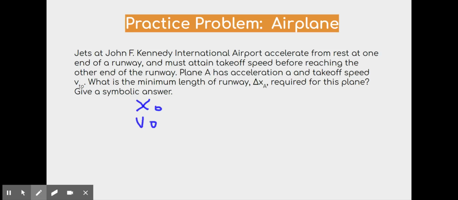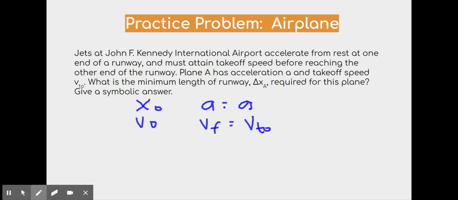It tells us that this plane has an acceleration of a, so acceleration is equal to a, and the takeoff speed, so our final velocity, is equal to v sub to. So we need to find an equation that's going to relate these together and then rearrange to solve for delta x sub a.